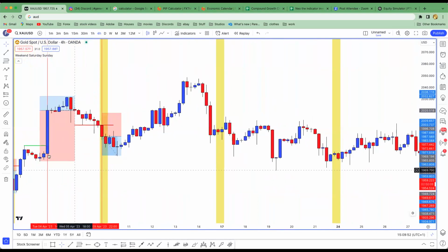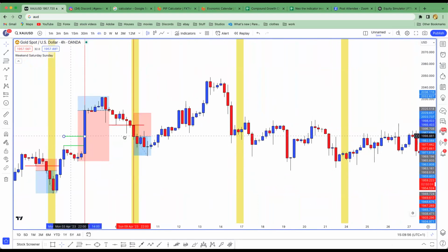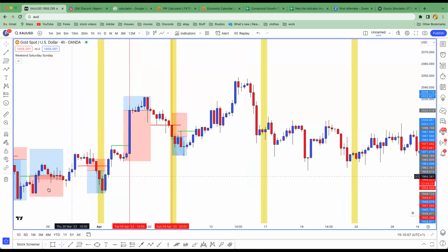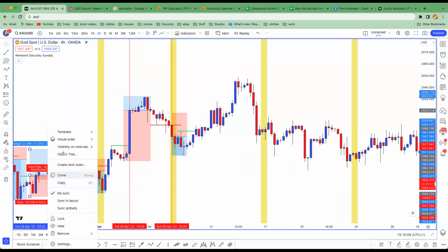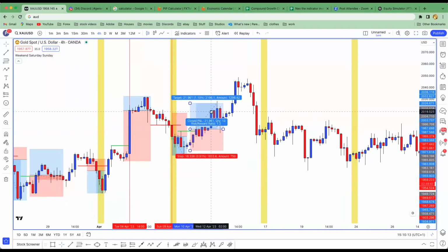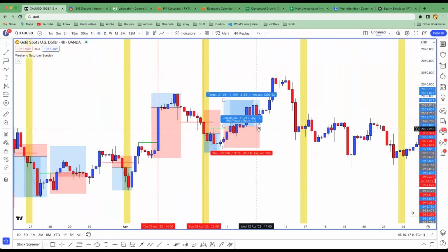Where's it? Bullish structure break next. Boom. Right now. This buys long.